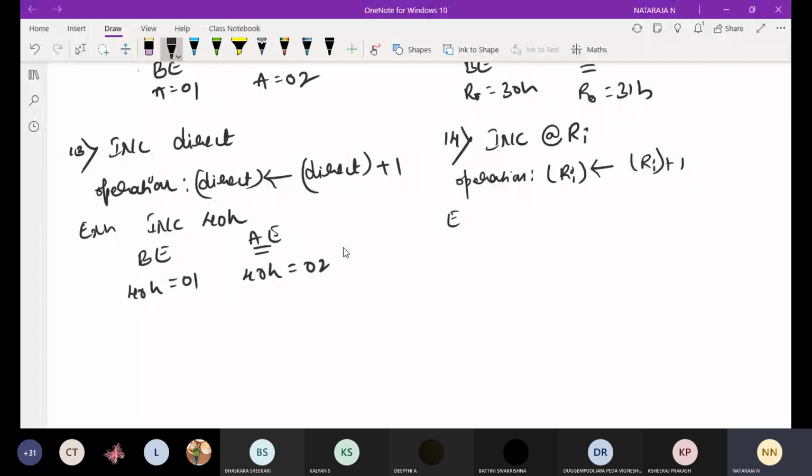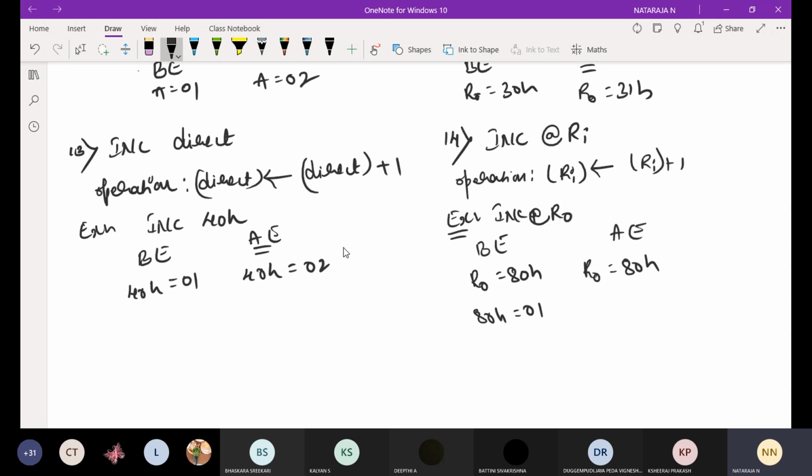The example for this instruction is increment at R0. Before execution, R0 is equal to 80H, and the data at 80H is 01. After execution, R0 is still 80H and the data at 80H becomes 02.